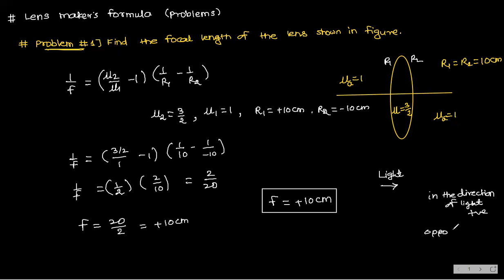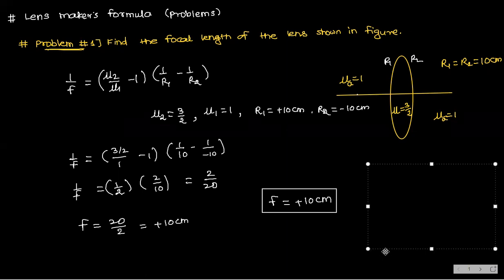Opposite to the direction of light, negative. Understand? Now, as this is R2, the center of curvature is here, and you are measuring distance this side. This side means against the light direction. That's why it is minus. R1 means the center of curvature is here, so you are measuring distance in the direction of light. That's why it is plus. Therefore, R1 is plus and R2 is minus. Understood? Okay.